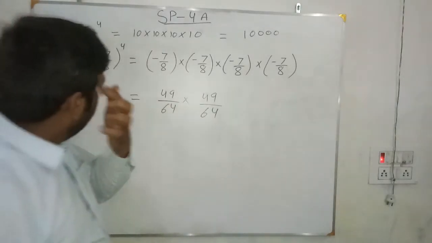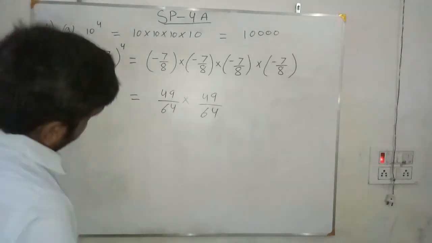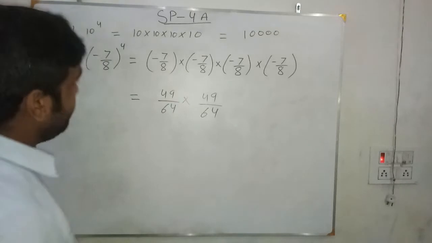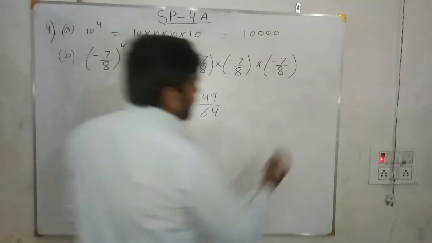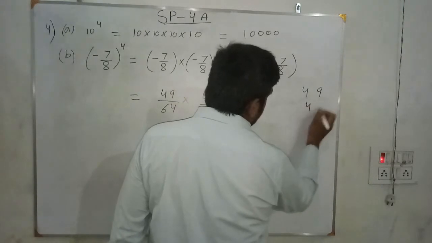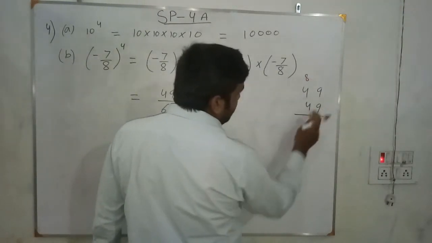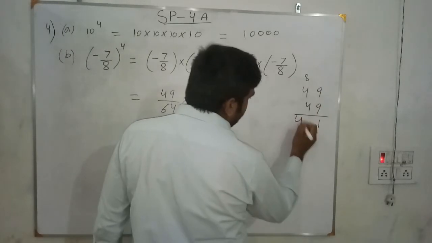Now 49 into 49, when you multiply 49 into 49, then what are you going to get? Now we multiply this 49 with 49. 9 9s are 81, 1 carry 8, 9 4s are 36, 8 is 44.